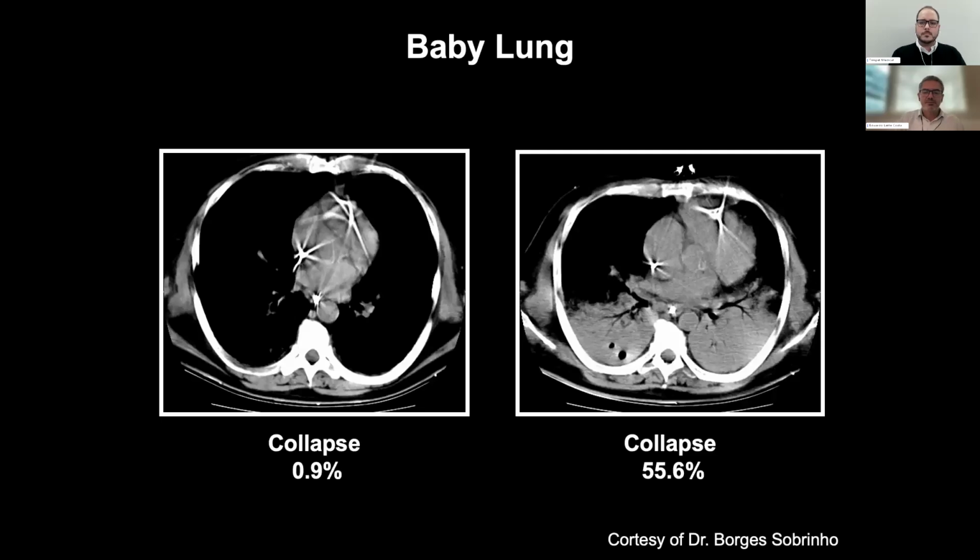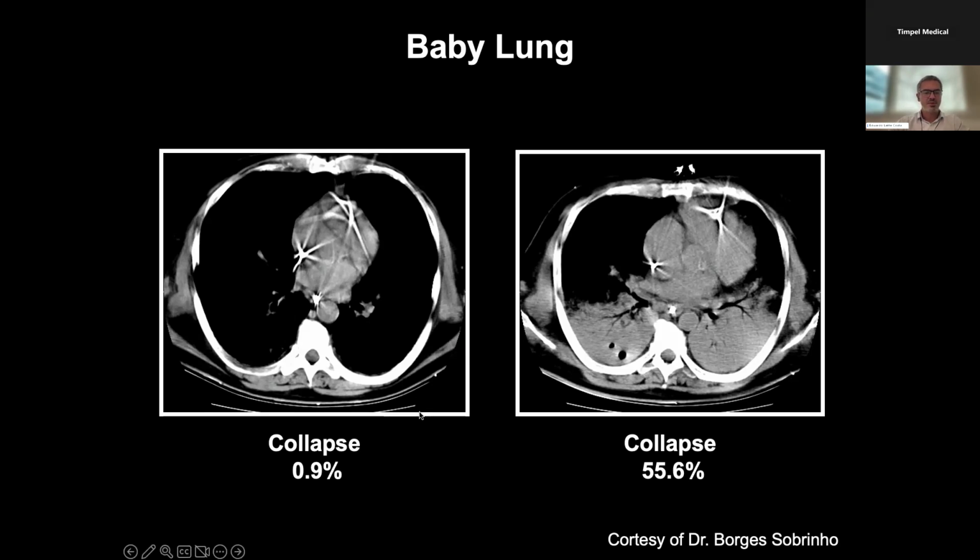We would want to actually estimate recruitable collapse and overdistension, and talk a little bit also about the concept of recruitable collapse. So these are two CT scans, two CAT scans, of a patient with pneumocystis pneumonia. This is the same patient, and the difference between the two CT scans is a very short time interval.